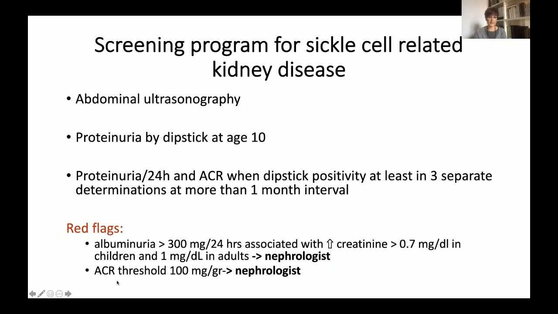And then, of course, the albumin creatinine ratio with a threshold of 100 milligrams per gram, and again, discussion with the nephrologist. The back-to-back discussion of this patient with a nephrologist who knows sickle cell disease is really a key moment in the clinical management of patients with sickle cell disease.